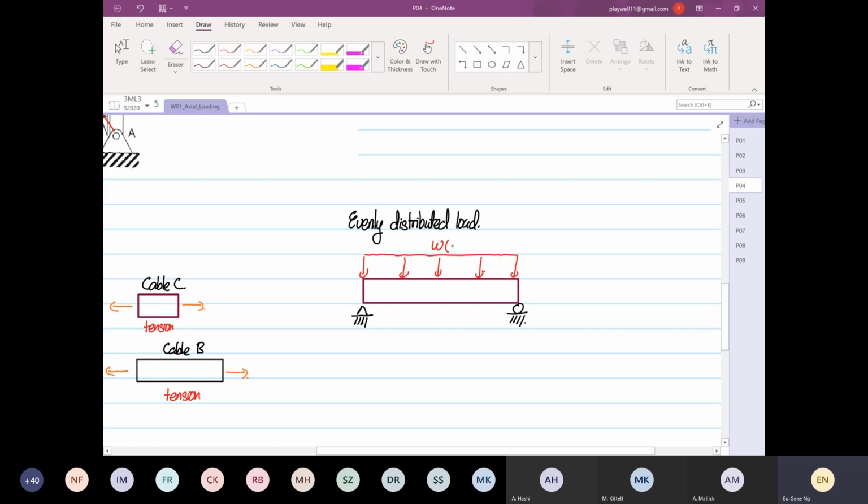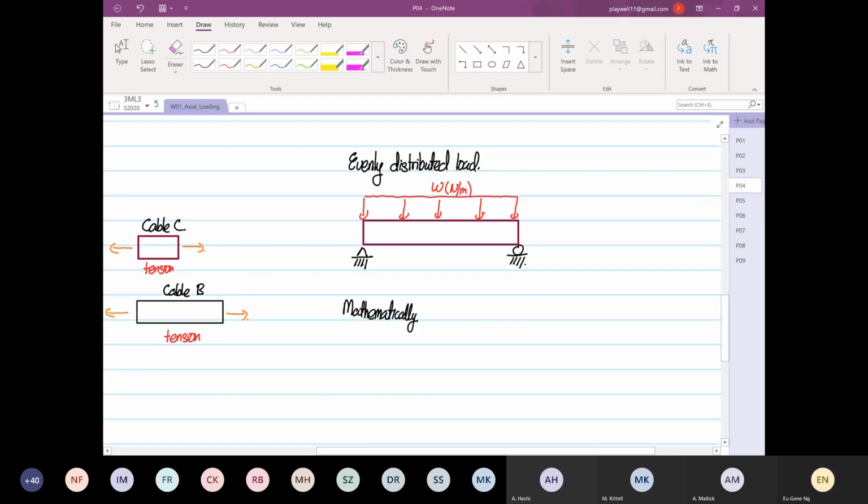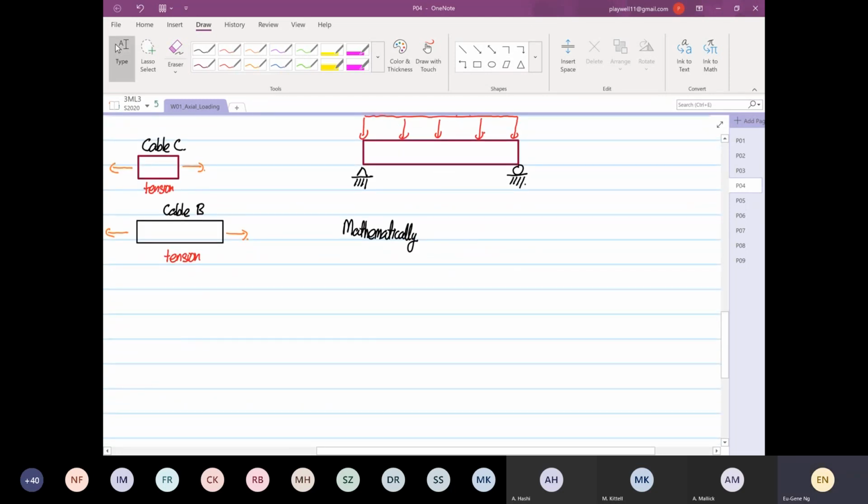So what does this actually mean? Mathematically, I'm going to draw different axes now. One axis is x, and the other axis will be omega.